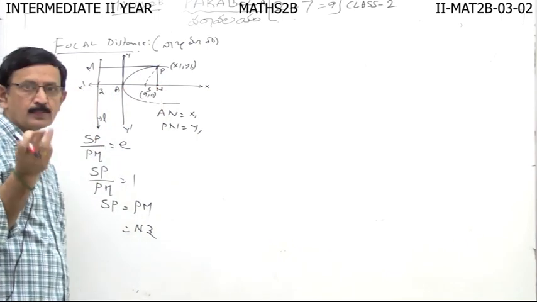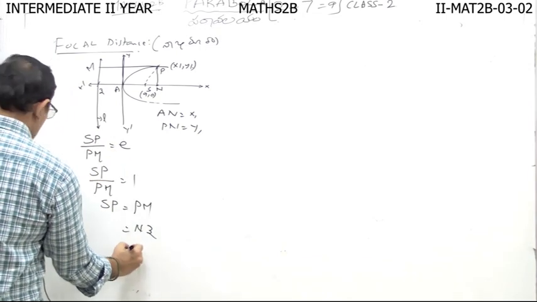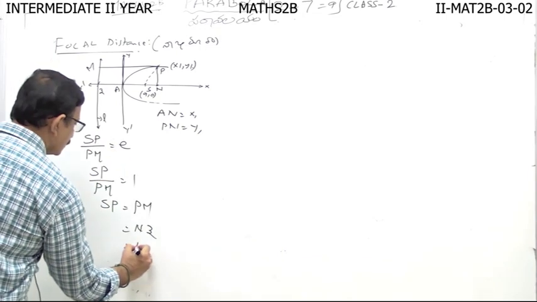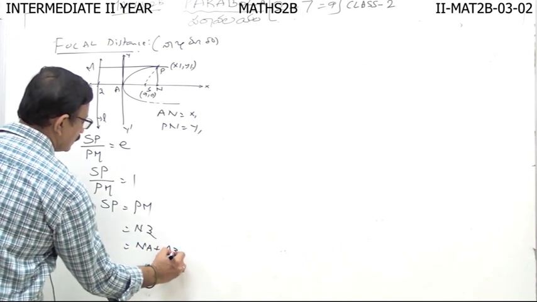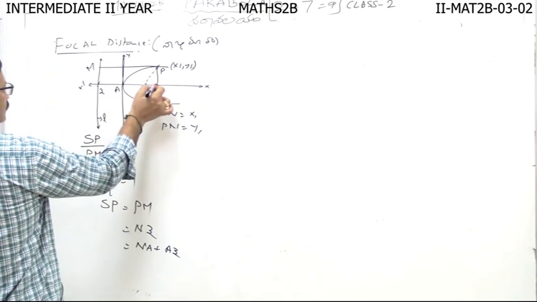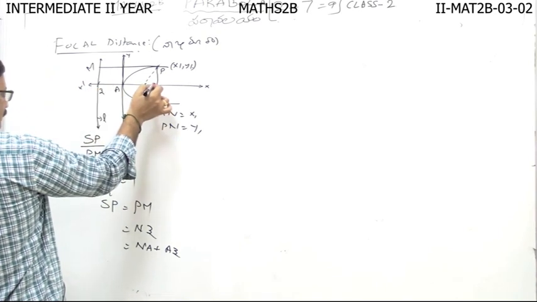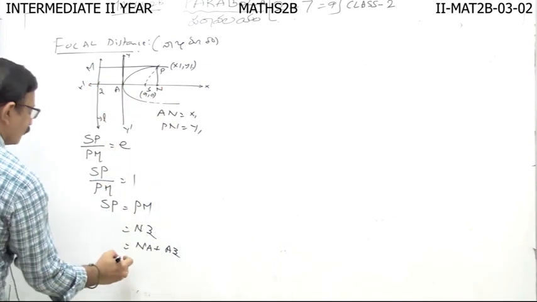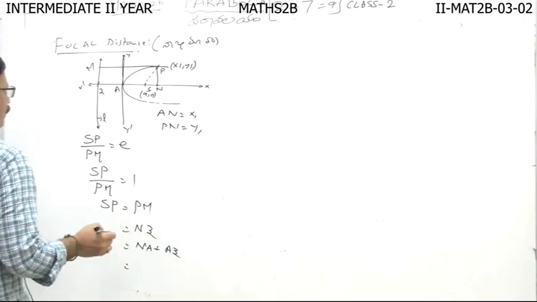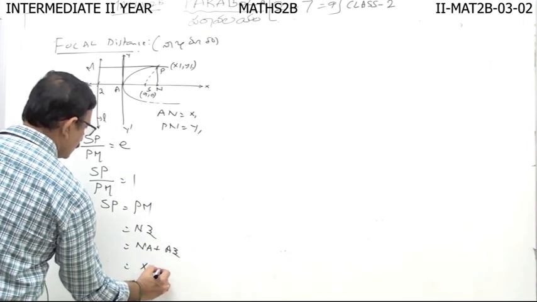Now PM is equal to NZ. How do you describe this NZ? It is nothing but NA plus AZ. See, this total distance N to Z is the total length NZ, and you can divide it like this: NA plus AZ. Now what is this NA? It is nothing but x1.